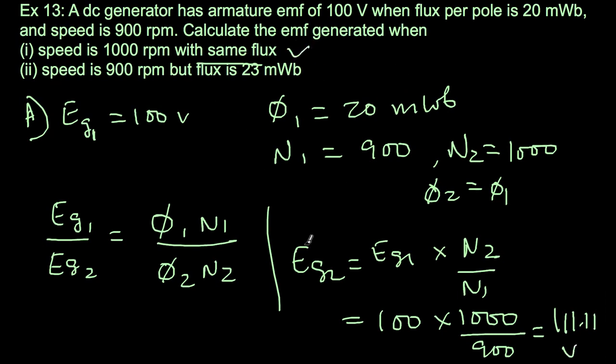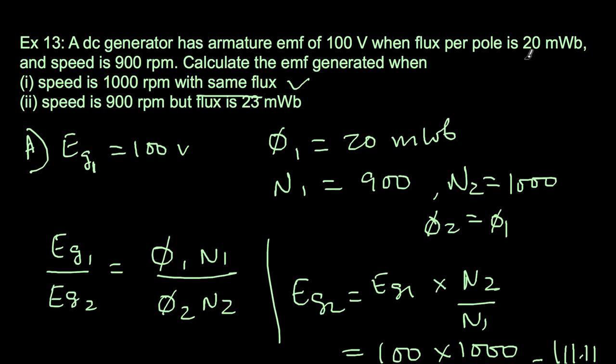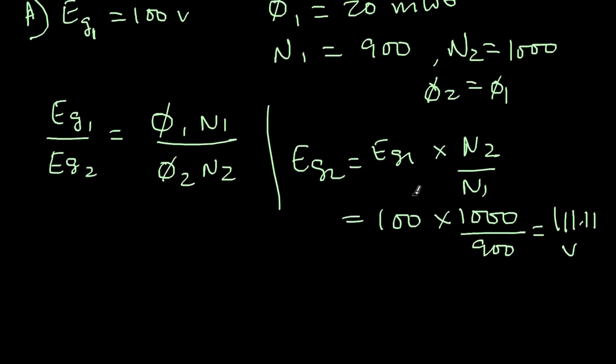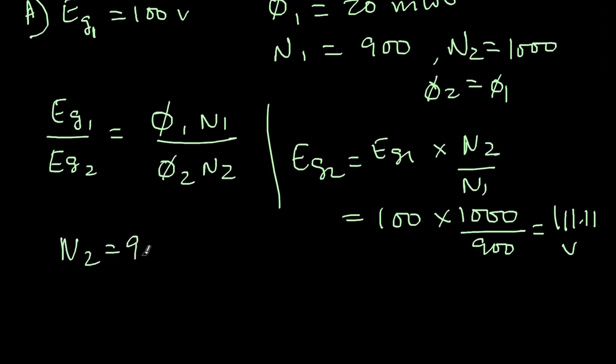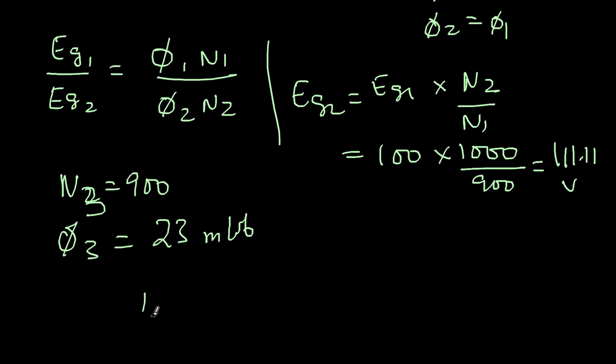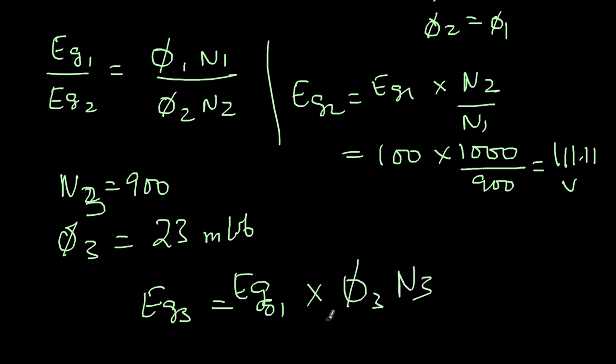Now speed is 900 RPM again, whereas flux is 23 milliwebers. So now I'll say N3 is 900 and phi 3 is 23 milliwebers. So therefore Eg3 will be Eg1 multiplied by phi 3 N3 by phi 1 N1.